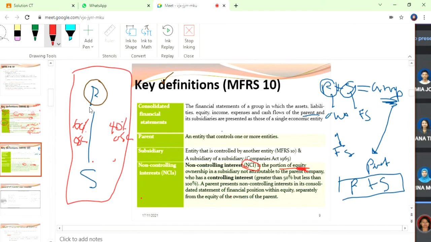These will be held by another group. We call them the NCI. So the other 40% of the ordinary share capital of S not held by the parent is held by the non-controlling interest. That is the meaning of NCI. Do you understand? For now, do you understand?